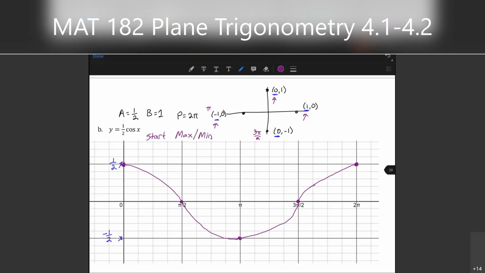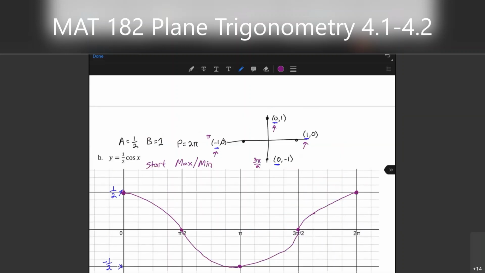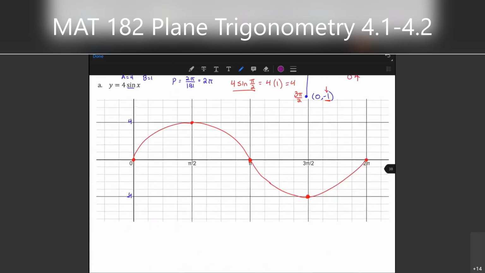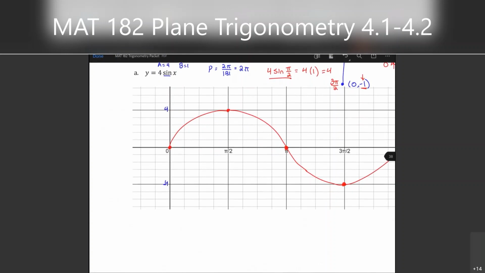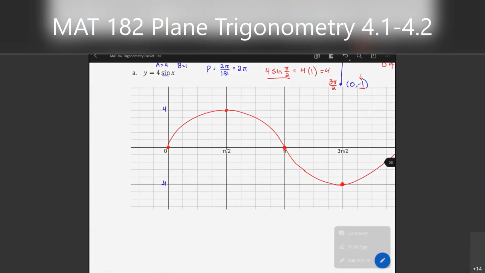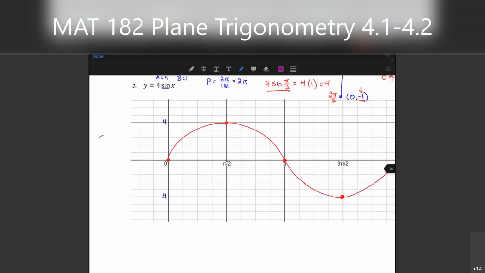So if it's a positive amplitude, we always start at the maximum. If it's a negative amplitude, we start at the minimum. The sine function that we just did before started at the midline. So a sine function will always start at the midline.